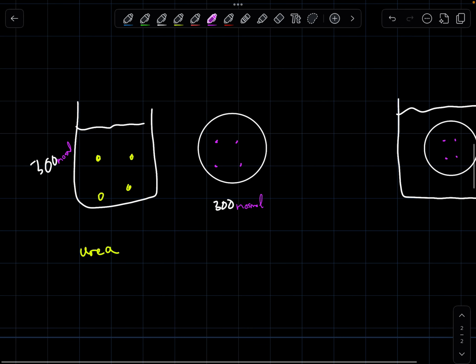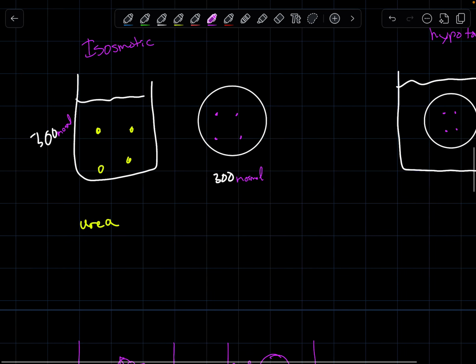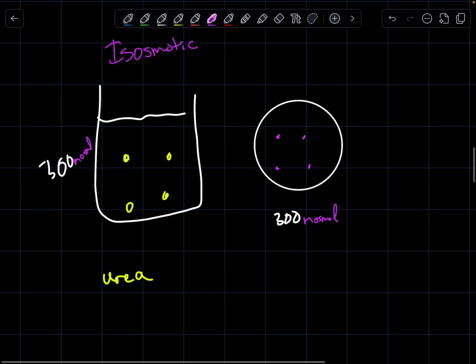An example I would like to share is to describe how a solution can be isoosmotic yet be hypotonic to the cell. Right over here we have a solution of urea, 300 milliosmoles, and a cell that's also 300 milliosmoles.